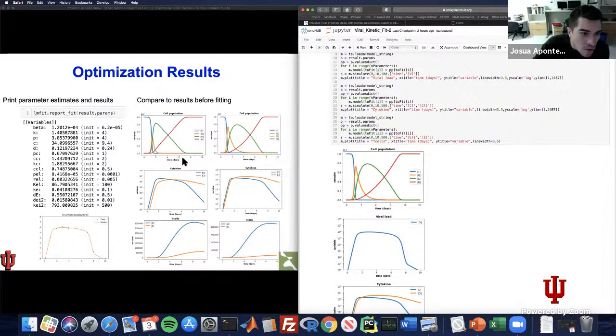In terms of the cell population, it seems like you have fewer cells with this new model. You have more cells in the eclipse phase than you had in the original model.